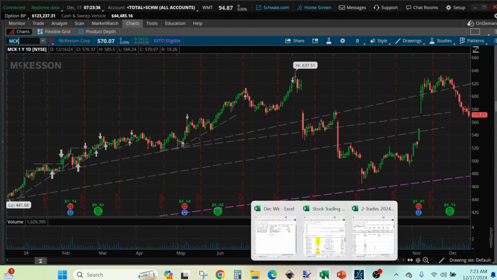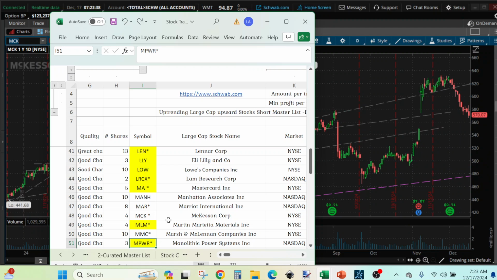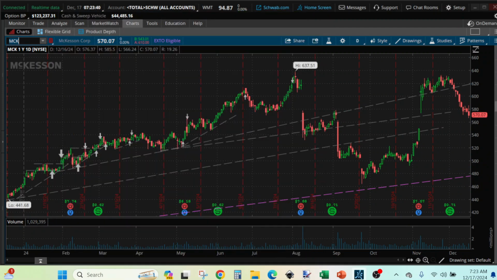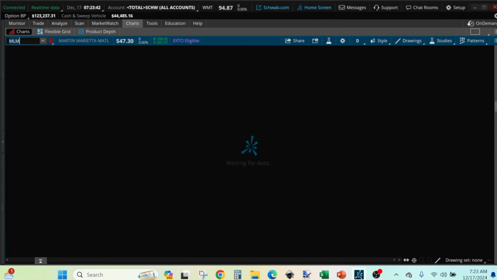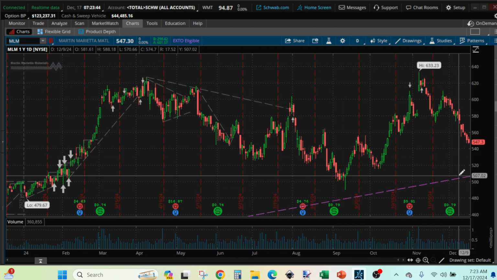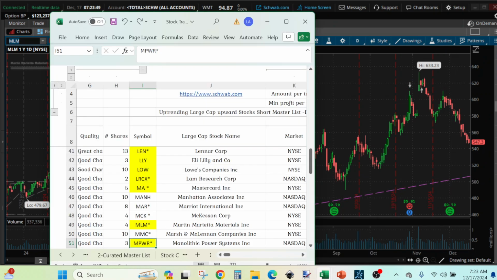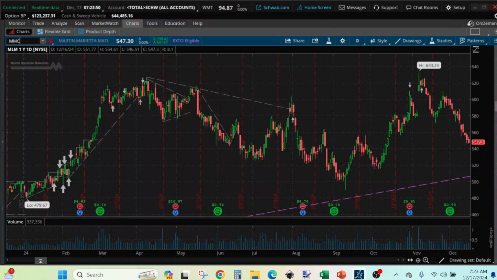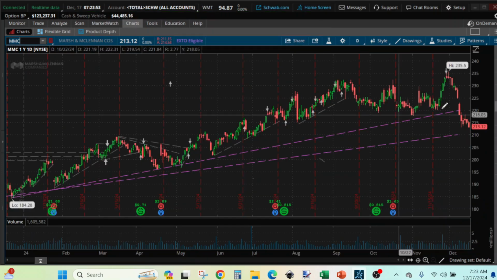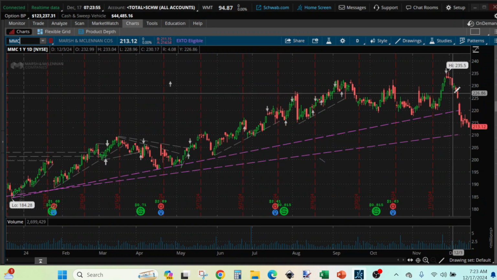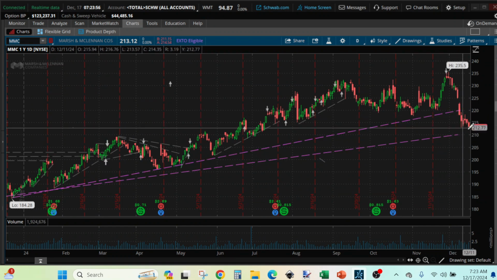It's not close to it. MLM we like to buy it there, and it's not close to it yet. MMC, well, we targeted 2. You see it touch it and continue down, so we are going to wait on this one.